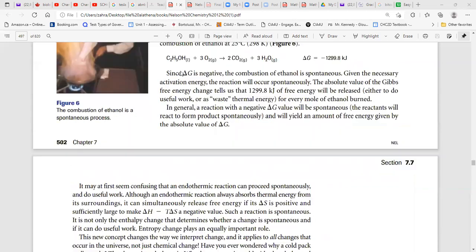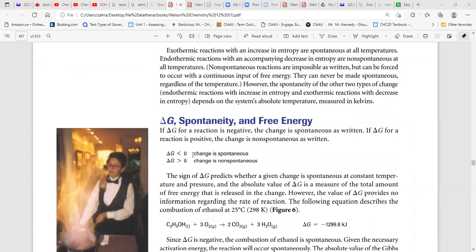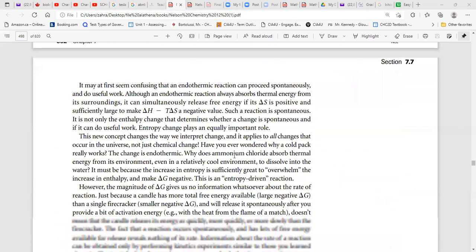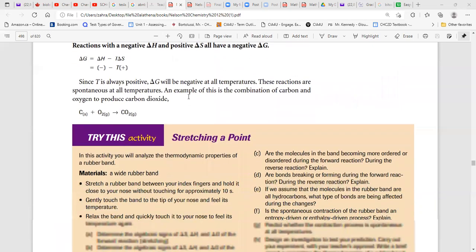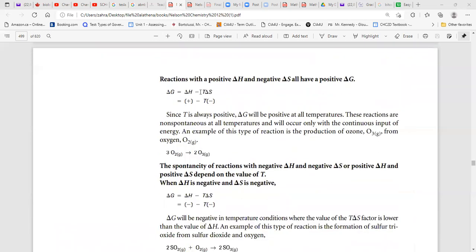And we said that if delta G is negative, the reaction is spontaneous. So in other words, if your reaction is exothermic and its entropy is increasing, or positive, this reaction is spontaneous.